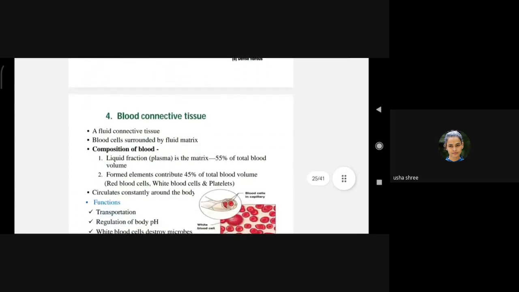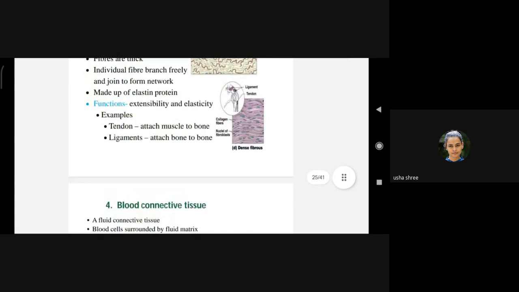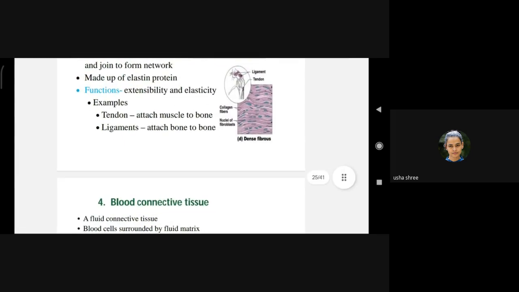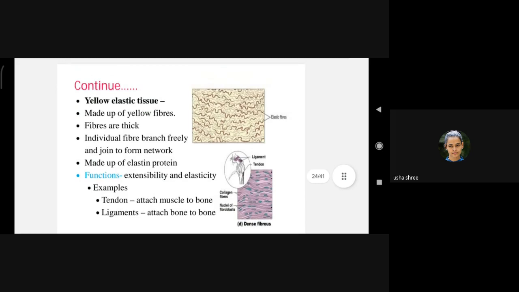Now, ma'am, what do you mean by this sentence? Individual fibers branch freely and join to form a network. Yeah, they branch means they come together and form a branch.